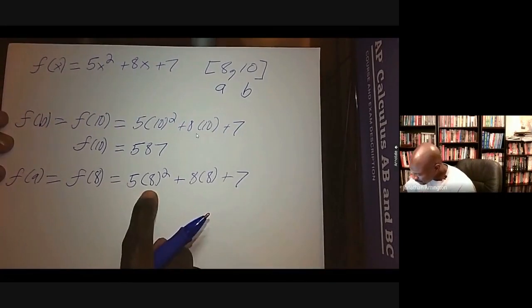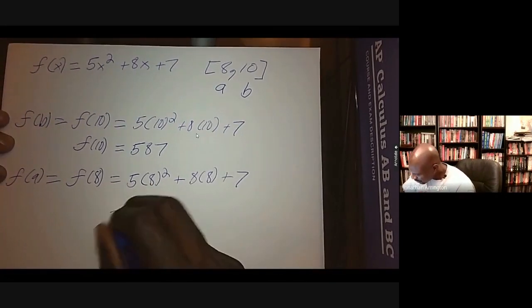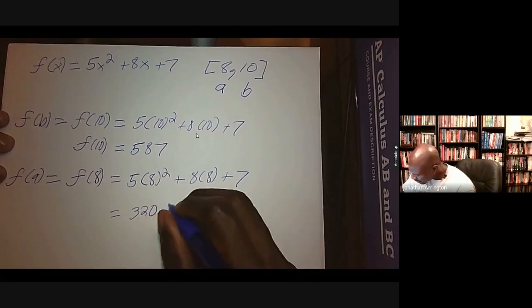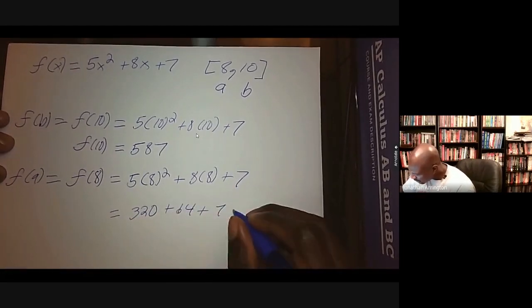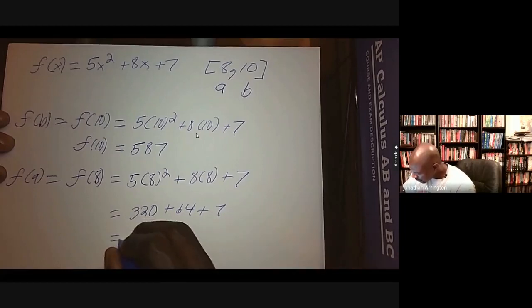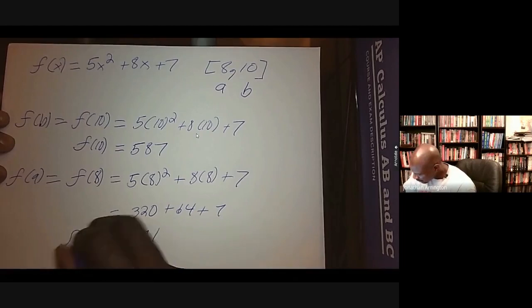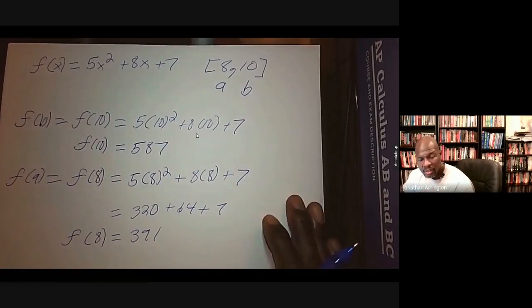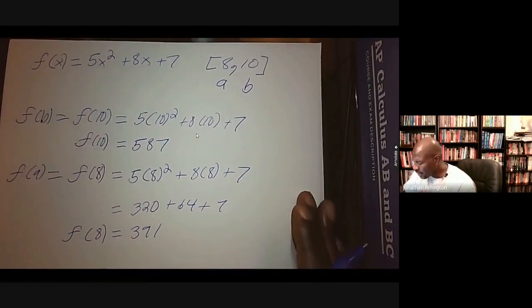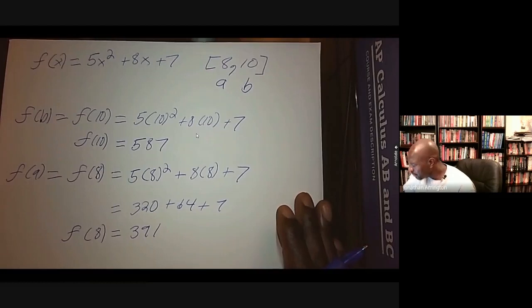And so this is 64 times 5, that's 320. 320 plus 64, that's 384, plus 7 is 391. So f of 8 is 391. So again, when doing this problem, you're going to have to find the values of f of b and f of a. So now I'm ready to do the formula.